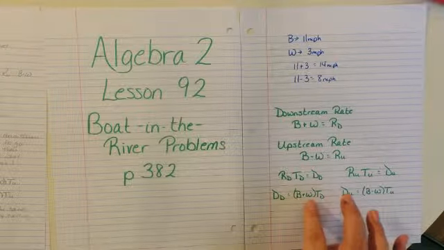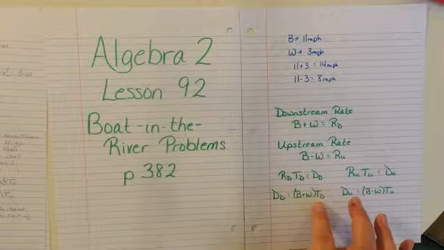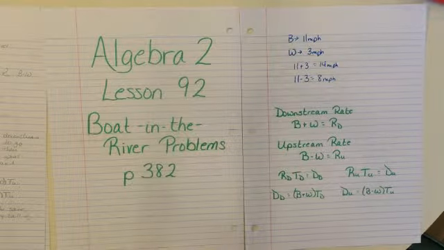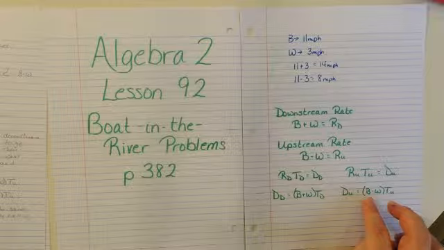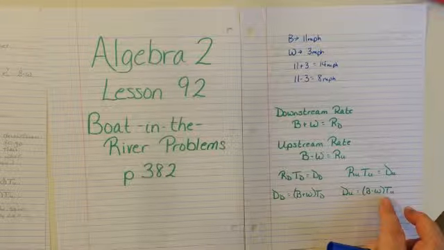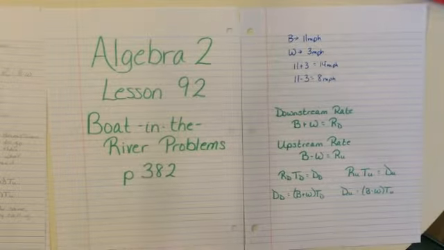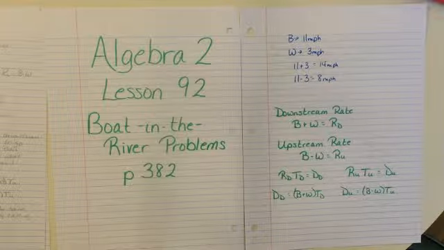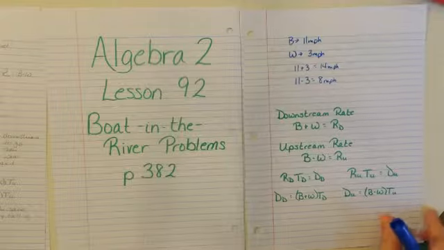The quantity boat plus water times time downstream equals the distance downstream, and the quantity boat minus water times time upstream equals the distance upstream. We can use these to solve lots of boat in the water problems.